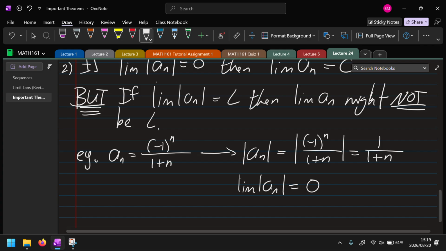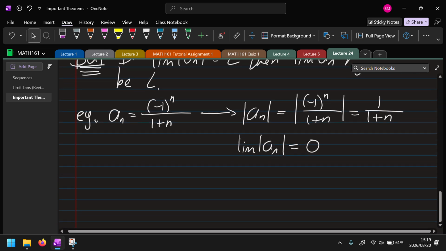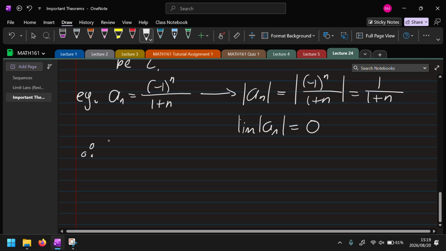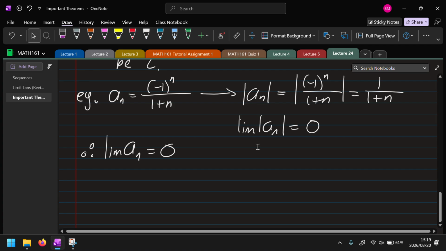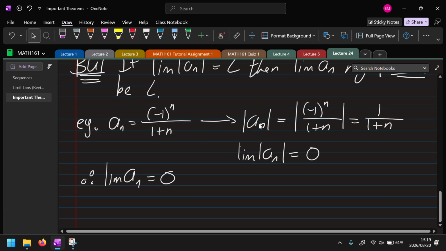When n goes to infinity, that will become 0. So by this theorem, we know that the alternating sequence will also be 0. And again, we couldn't have used L'Hopital's rule or squeeze theorem or anything. So this is a good case for this theorem. Therefore, the limit of the original sequence is also 0. A very nice trick that we can use when calculating.